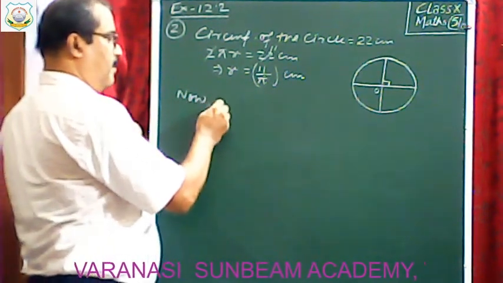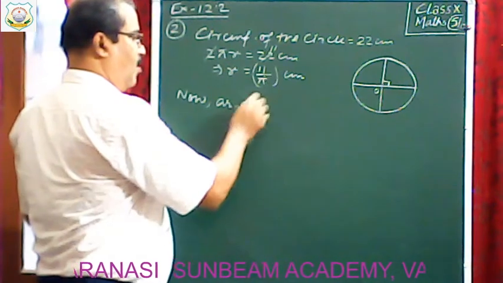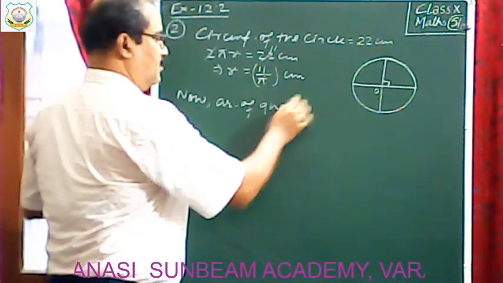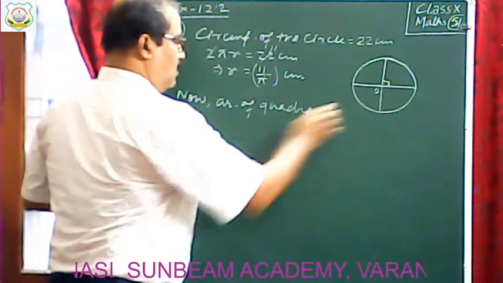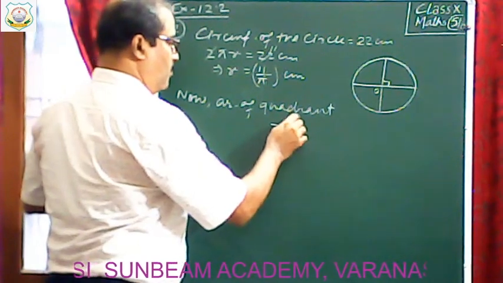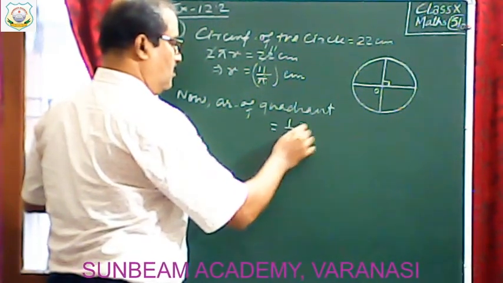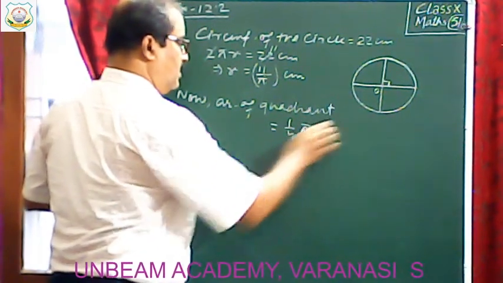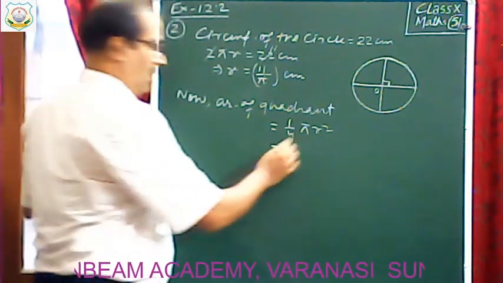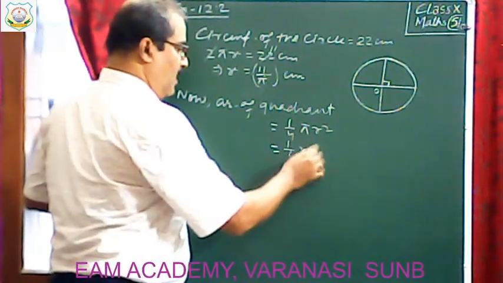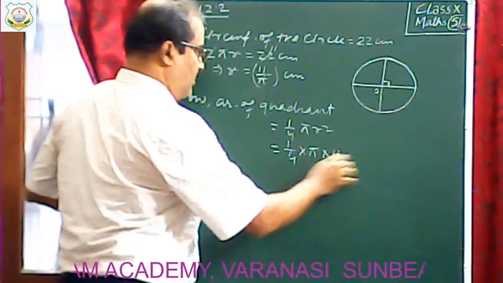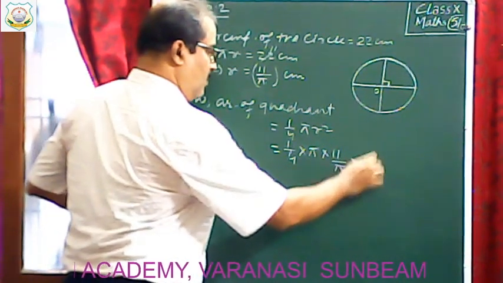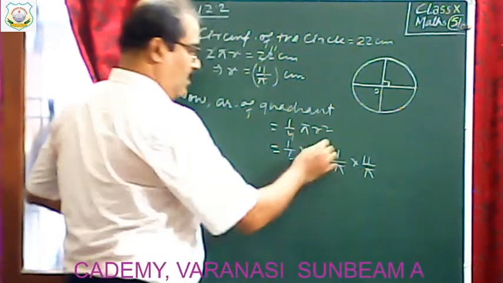Thereafter, now area of quadrant equal to 1/4 pi r square. 1/4 pi r square means 11 by pi into 11 by pi. Pi cancels.